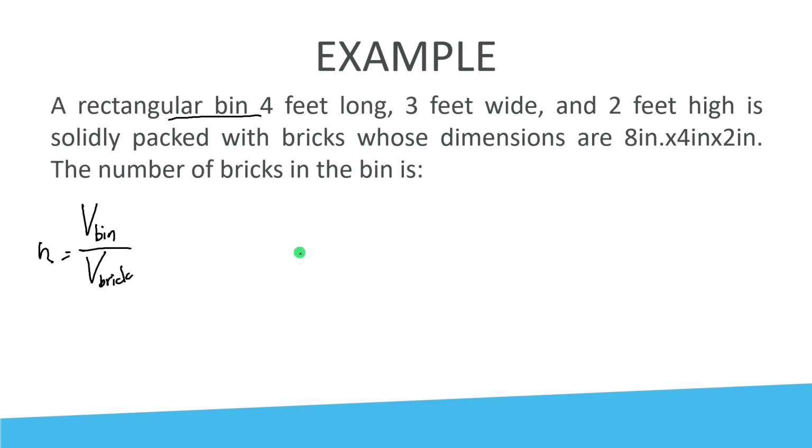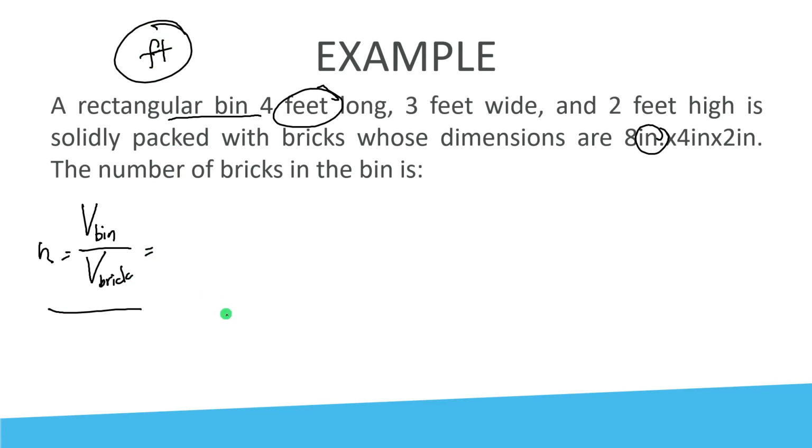Since we have a unit of feet on the rectangular bin and inches for the brick, we must be consistent on the unit that we will use before we apply it in this formula. So let's say we use feet on all the computations.